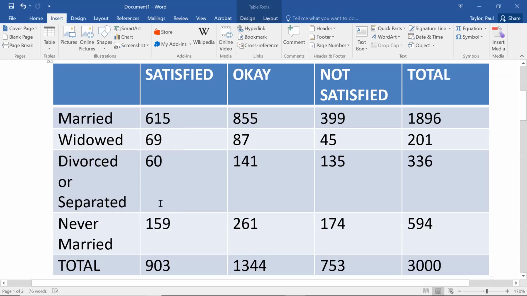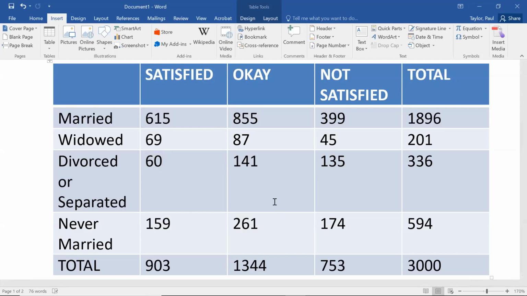Separated was just not an answer that came up that often, and it meant that that row had small numbers in it. It might even have had a 0 or 2. If I put that into the chi-squared test with those small numbers there, particularly if any of the boxes had 0, it would give me an error. The chi-squared test does not work if there's any zeros there.